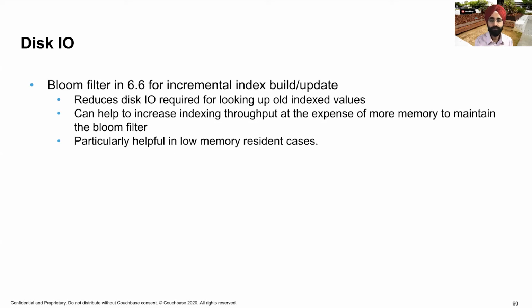This is specific to standard GSI, and this is helpful in low memory resident cases because generally in those cases, disk IO is the bottleneck. And it can help to increase the indexing throughput at the expense of a little bit more memory to maintain the Bloom filter itself. So that's a useful optimization to look at.